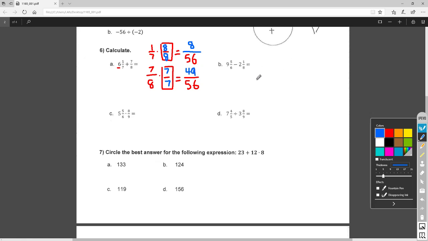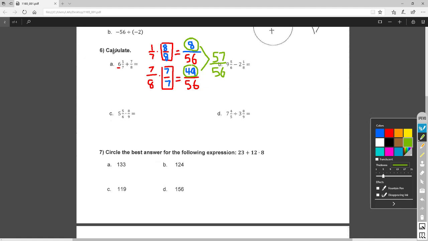Okay, and then once I have a common denominator, now I can just take the numerators and add them. So I'm going to add 8 plus 49, okay, and that would give me 57. So 57 over 56 would be my 2 fractions added together.